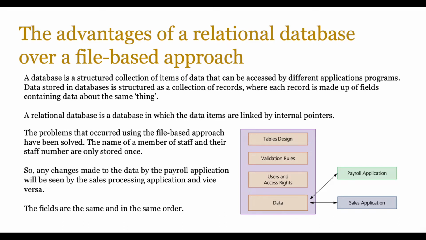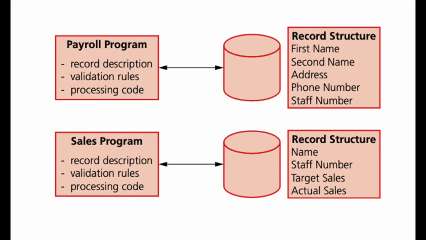Just to go back to that example where we had a business that stored payroll and sales data in separate files. Several problems occurred using a file-based approach. For example, the name of a member of staff and their staff ID number are stored twice. The way the staff name is stored is different for each program. One was storing it in first name and second name. The second was storing it all together.